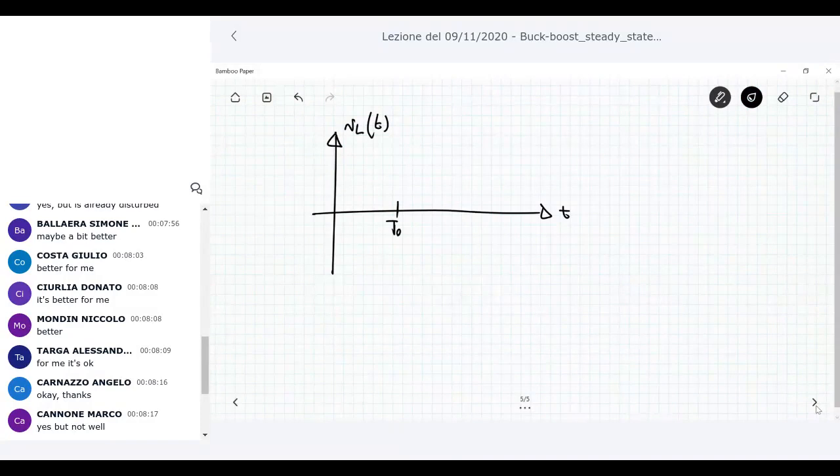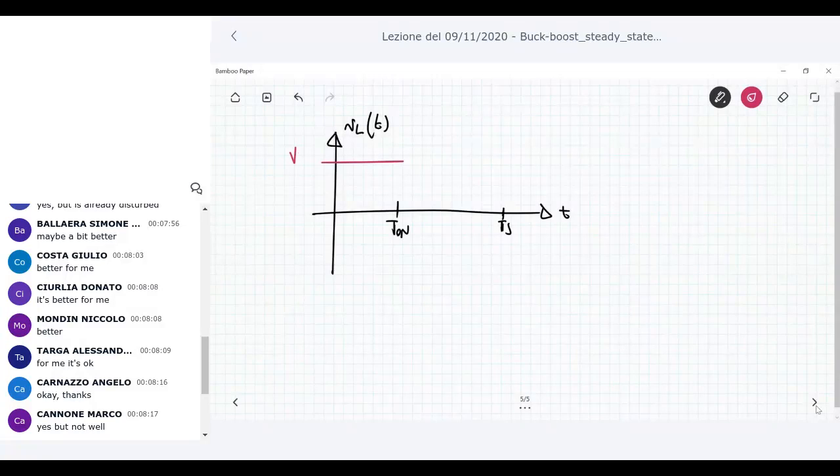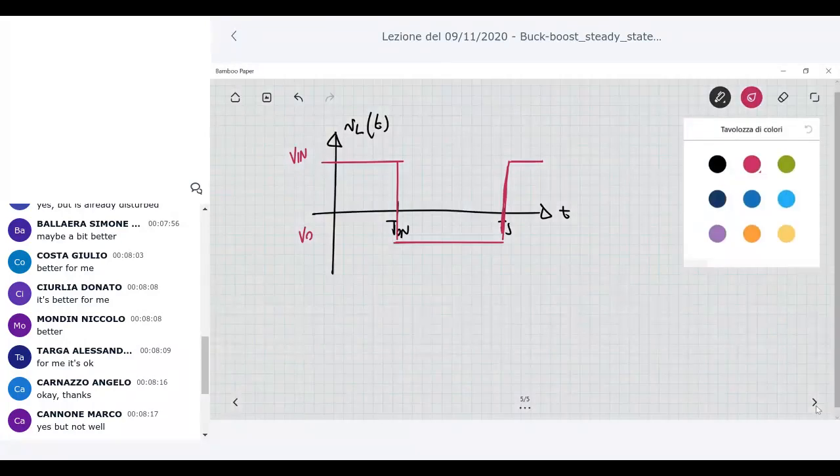This is, for example, T on, and this is the switching period Ts. So during T on, we have V in, and then during T off, we have V naught, and V naught is negative. And then the situation repeats periodically.